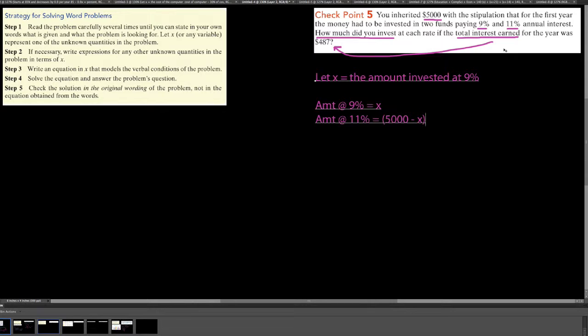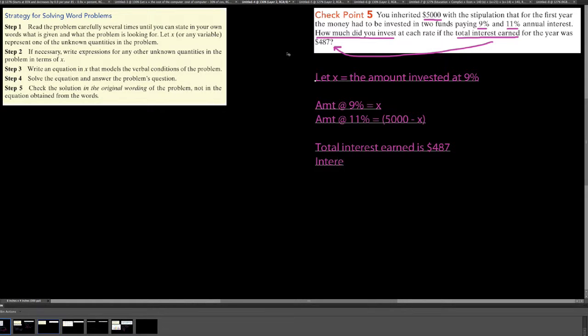But now that we have these two quantities, let's try to come up with a verbal model here. We were told that the total interest earned for the year was $487. When we calculate interest, that'd be the interest that I made off the amount that I invested at 9% plus the interest that I made off the amount invested at 11%. That has to add up to be $487.